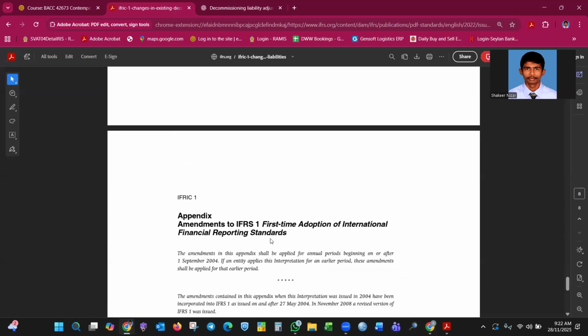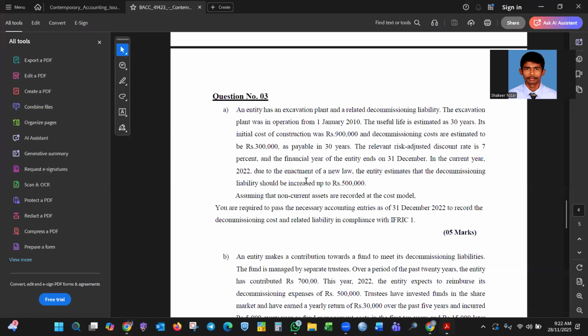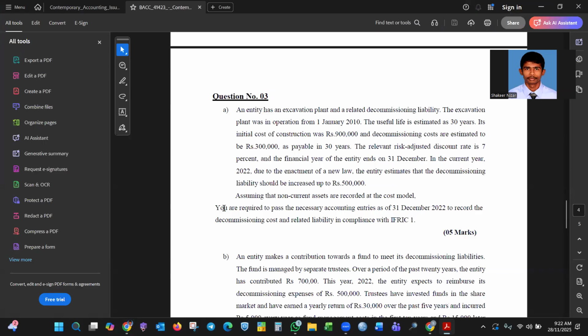So shall we discuss the question paper now? Here it is 5 marks. Don't think about it too much, because these kinds of questions come up. This is not lecture material, but based on past papers. An entity has an excavation plant related to a decommissioning liability. The excavation plant started operating on 2010 January 1st. The useful life is 30 years.